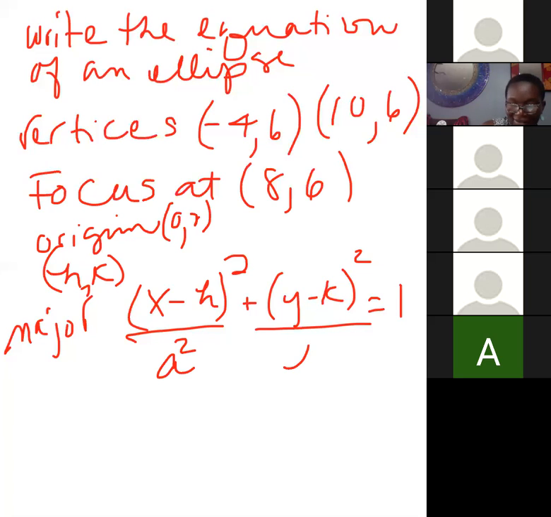The changing values of the vertices. Right. The 6's stayed all the same, but obviously the X's are changing. So this means that the major axis is going to be the X-axis, while the Y-axis is going to be the minor axis, okay?